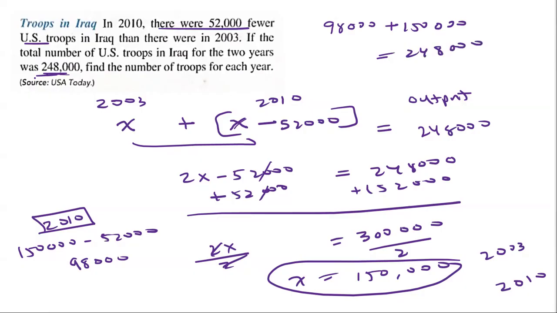So the answer here is for 2003, it was this much, and for 2010, it was this much.